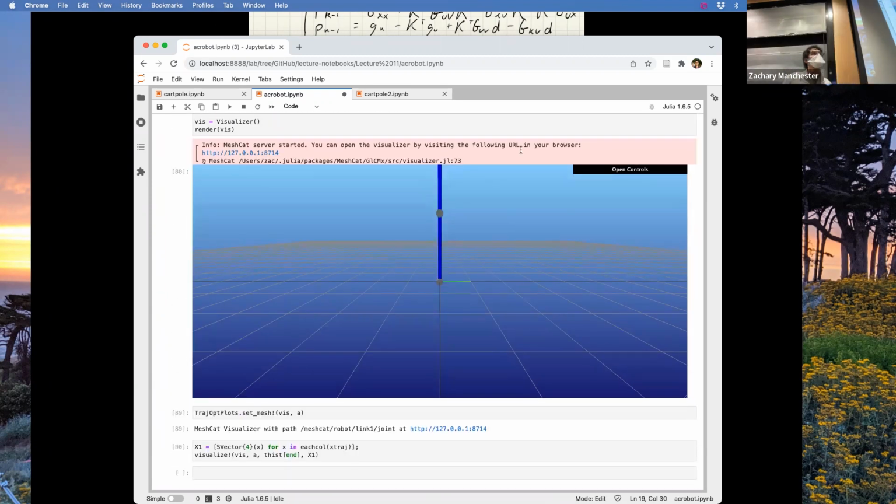Yeah, sure. So could you force it to take multiple swings? Are there ways to actually say I want it to take 5 swings? Yeah, absolutely. From here, if I wanted to play around and do that kind of thing, what I'd probably do is stretch the horizon out a little bit and then put a higher cost on the use. That would say use less torque, right? Which will probably make it take lots of swings. And then we're going to do that in a little bit in a slightly different way.